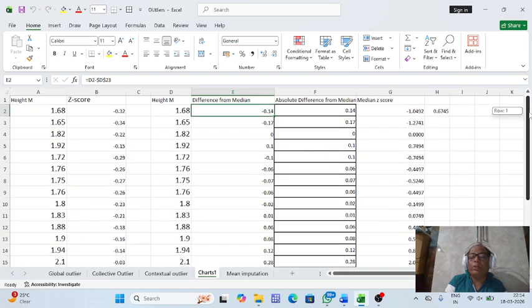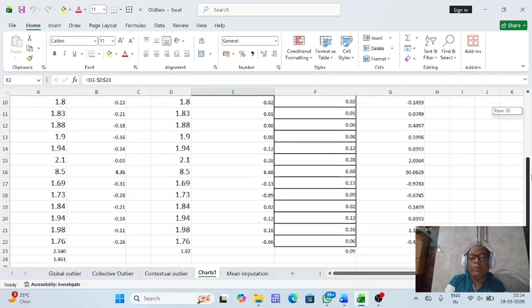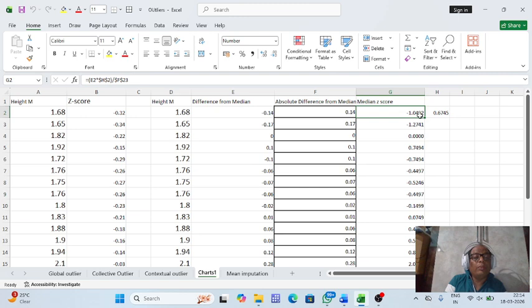For that we have again calculated the median value, and the MAD value is 0.09. So E2 into H2, E2 is minus 0.14, H2 is 0.6745, and divided by F23, which is the MAD, the median absolute deviation. So you'll get the value minus 1.0492.